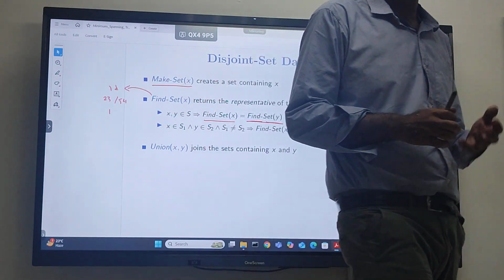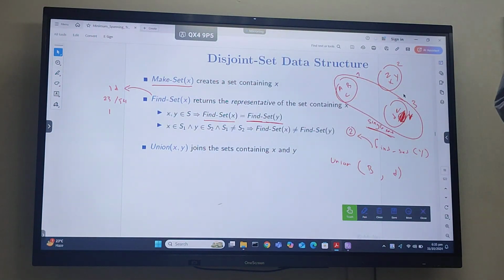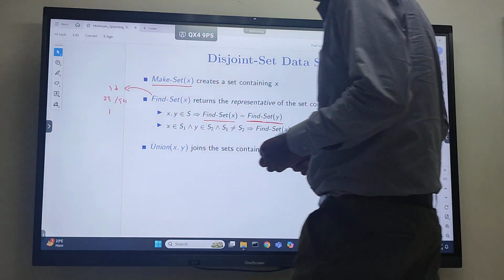Hopefully these basic things are pretty simple. Make set creates a set. Find set gives you an ID of the set. You give it an element, it gives you an ID. And with this you can see if two elements belong to the same set or to different sets. And you can merge two sets just by calling the union function. You give it elements and it will merge their sets together.